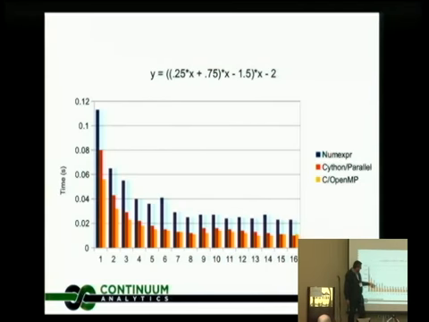Okay, so Cython is very nice to use when you want extreme performance. Okay, but NumExpr is not doing badly. It is just maybe two times slower than the best performance that you can achieve with these operations.